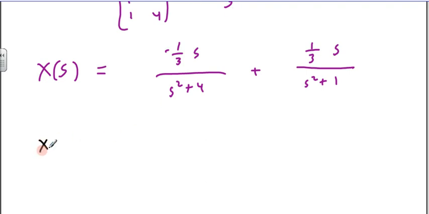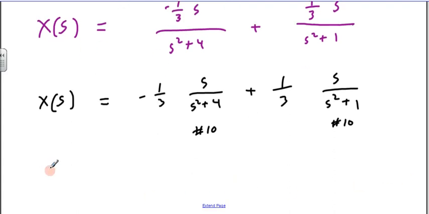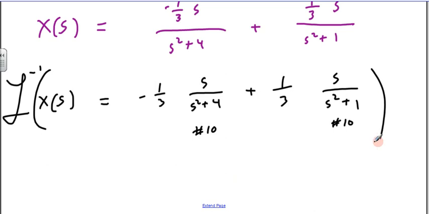But before we do that, we're going to rewrite this and say this is minus 1/3 s over s squared plus 4 plus 1/3 s over s squared plus 1. And we're using Laplace transform number 4 from our table. That's the bigger one. And we're going to take the inverse Laplace transform of both sides.